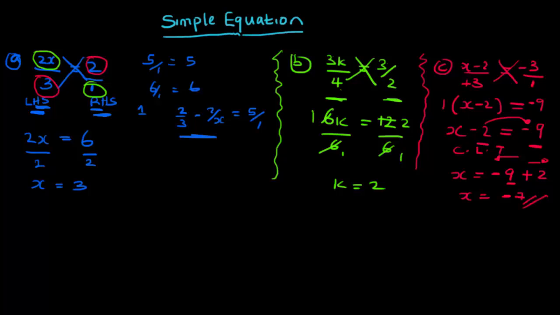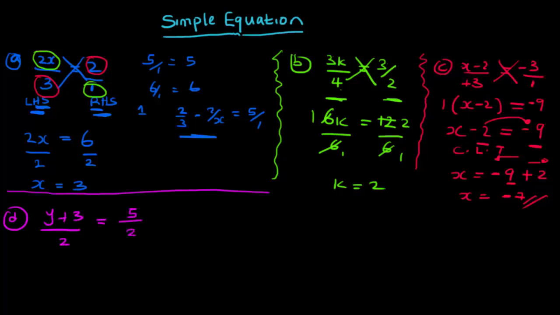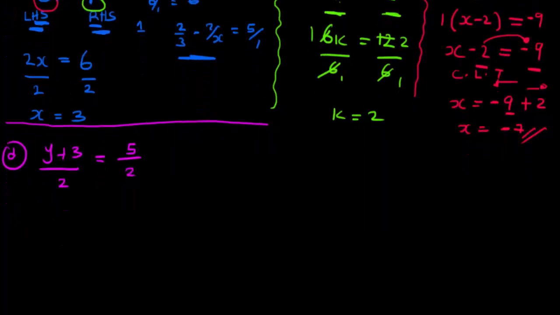Now let's take another example. Let's go for D. So I've got y plus 3 all over 2 equals 5 over 2. Now remember, I've got a fraction here, a fraction here, so I cross multiply.